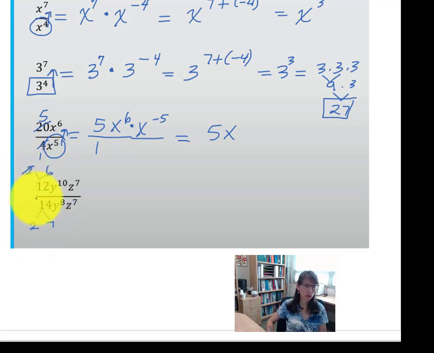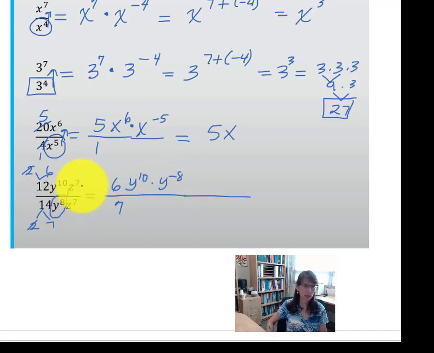So we could reduce the 2, and this time our fraction, we're going to have 6 in the numerator and 7 in the denominator. Now let's look at the variables. I have some bases of y and some bases of z. So I'll just start with y. When I shift y to the 8th to the numerator, I already had y to the 10th up there, and now I'm going to have y to the -8th.